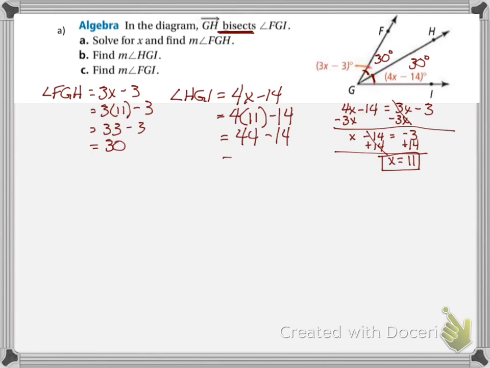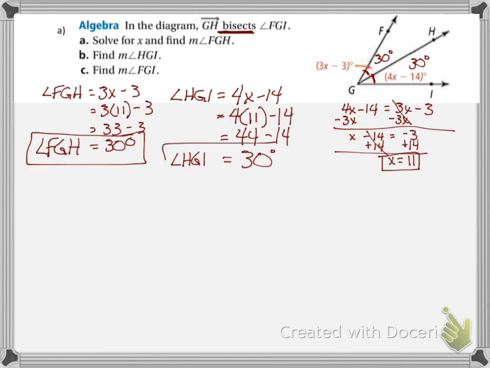So 44 minus 14 does indeed equal 30. So we have that angle FGH equals 30 degrees. The measure of HGI is also 30 degrees as well.